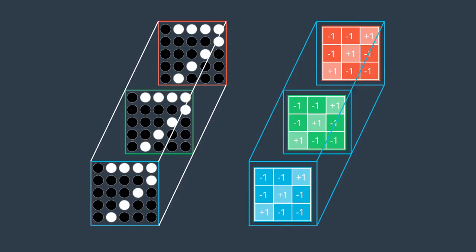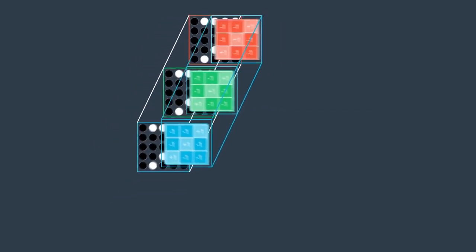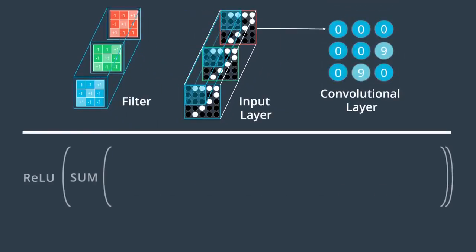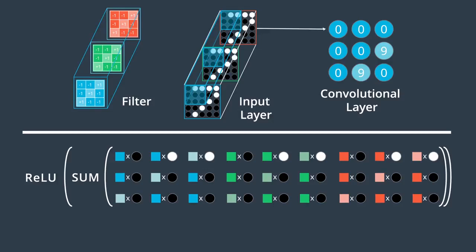Both the color image and the filter have red, green, and blue channels. Now, to obtain the values of the nodes in the feature map corresponding to this filter, we do pretty much the same thing we did before, only now our sum is over 3 times as many terms.